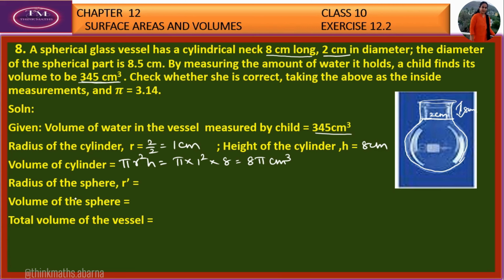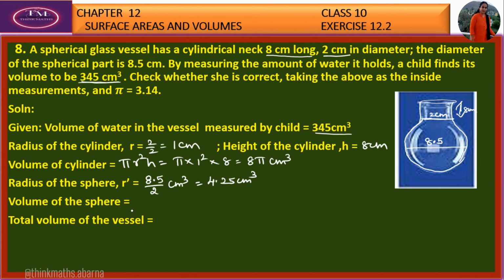Now there is another shape, which is the shape of a sphere at the bottom. The diameter of the spherical part is 8.5, so radius of the sphere will be 8.5 by 2 centimeter. You can keep this 8.5 by 2 and calculate, or simplify this. We will get 4.25 centimeter. So what is the volume of the sphere?